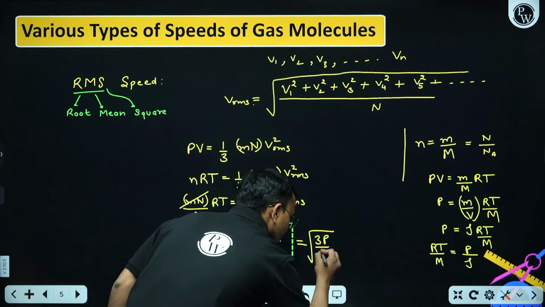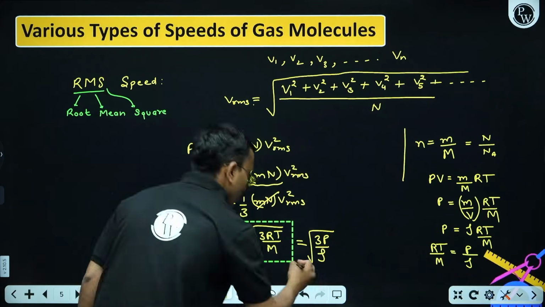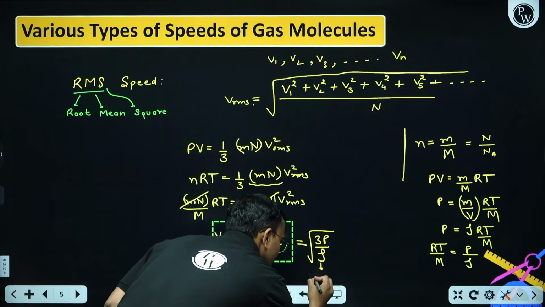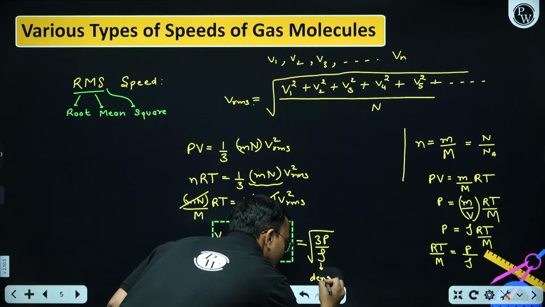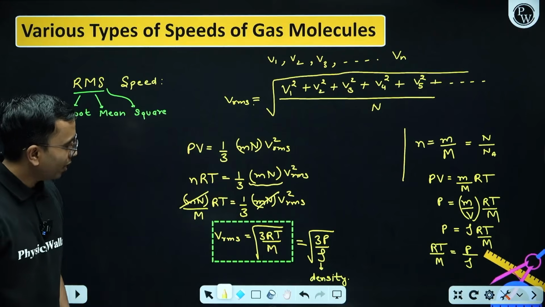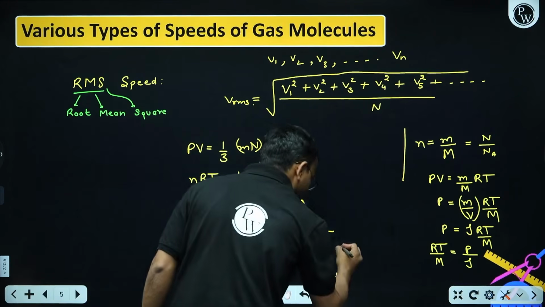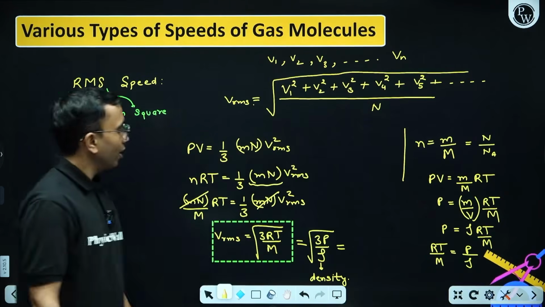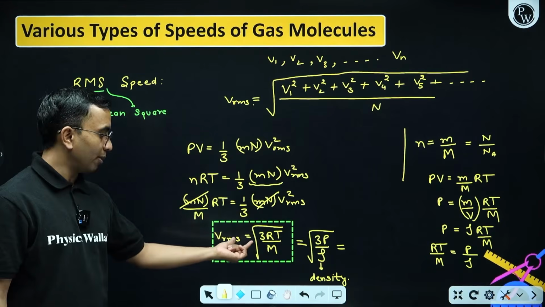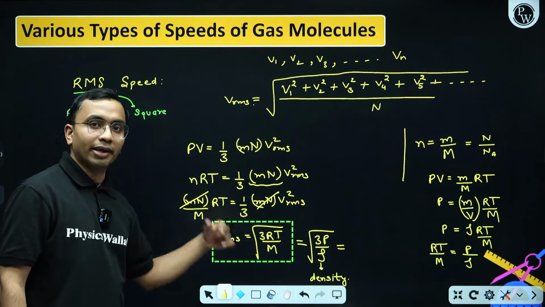Let us write it properly. Rho is the density of the gas. Now, I can also write this in terms of the Boltzmann constant. Now, this is root of 3RT by M. Now, I know that the Boltzmann constant is R by Na.